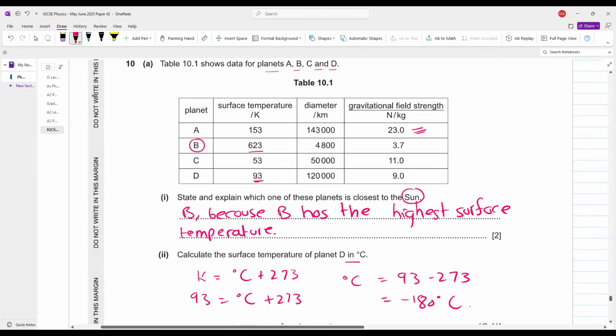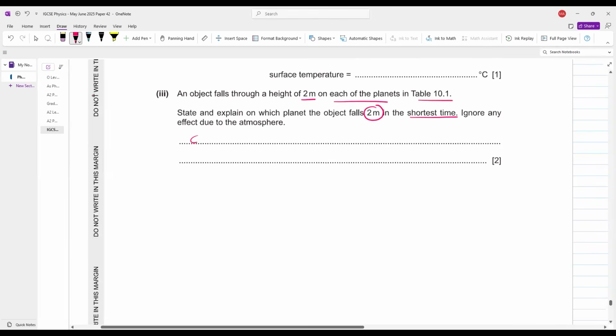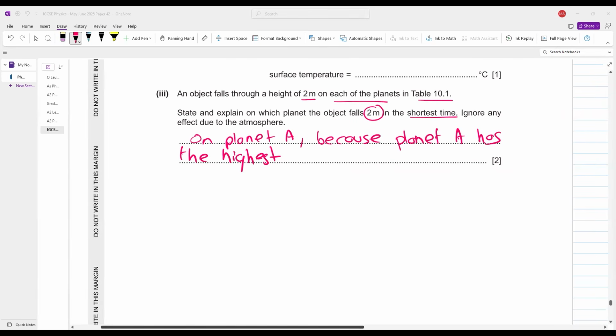On planet A, because planet A has the highest gravitational field strength. ठीक है? Because planet A has the highest gravitational field strength.